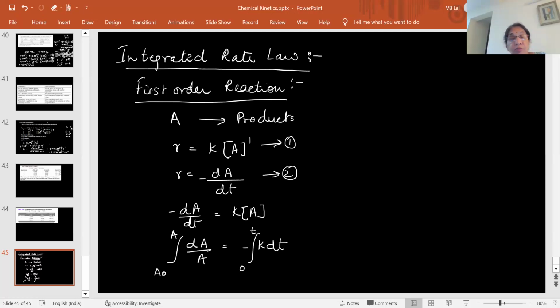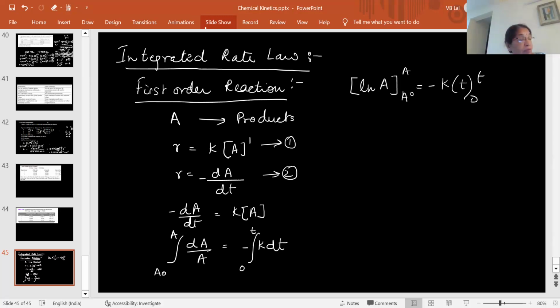So if I do this, what will I get? I can write it as ln A from A0 to A is equal to minus K times t, from 0 to t.